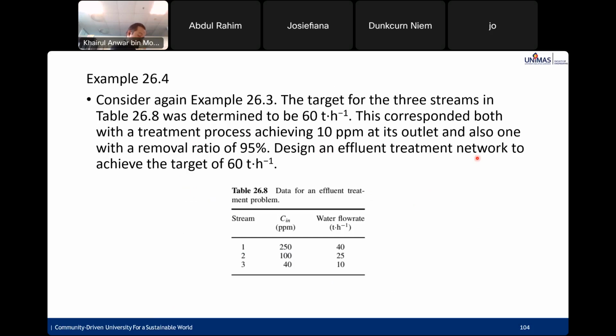Example 26.4. Consider again example 26.3. The last example is about targeting the minimum wastewater treatment for a single contaminant. The target for the three streams in table 26.8 was determined to be 60 ton per hour.